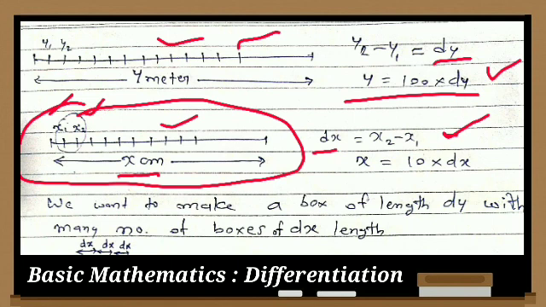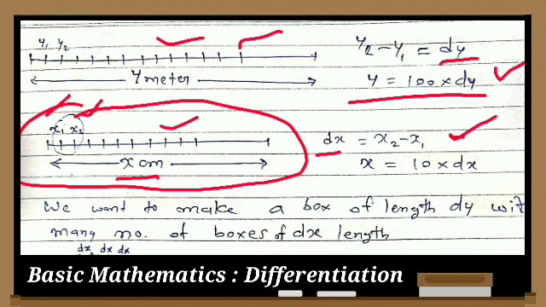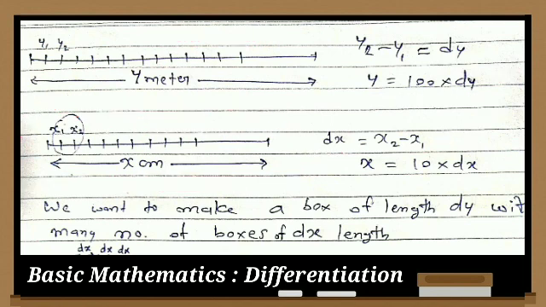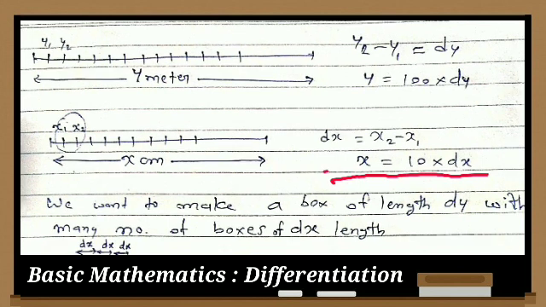With 10 divisions, the total length x is 10 into dx. The length of one division is dx and the total number of divisions is 10. Is it clear? Now we move forward. We want to make a box.